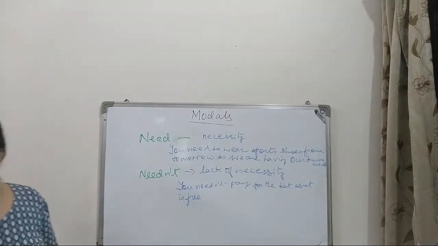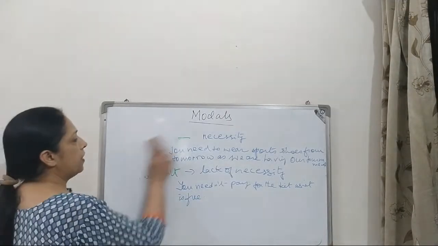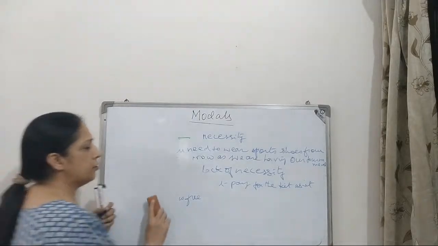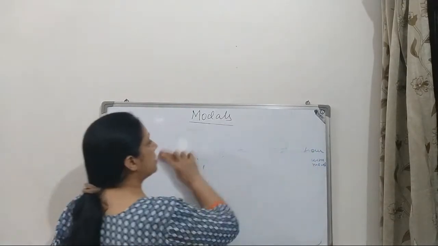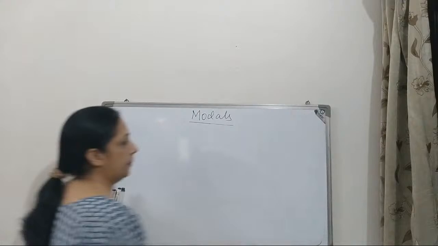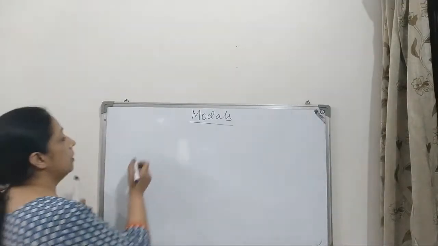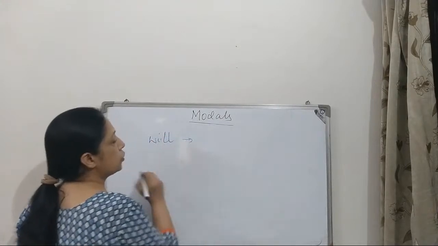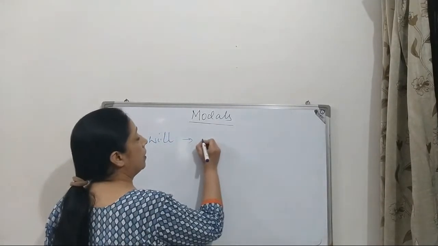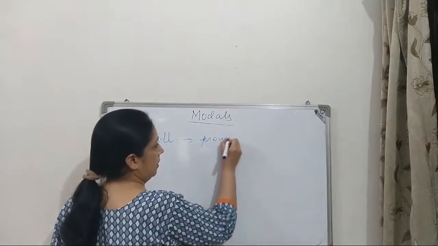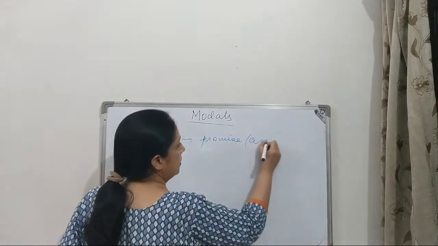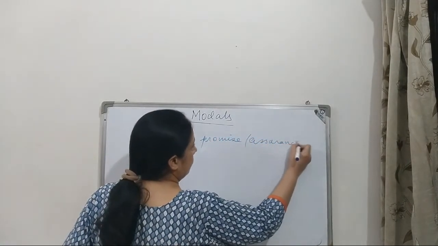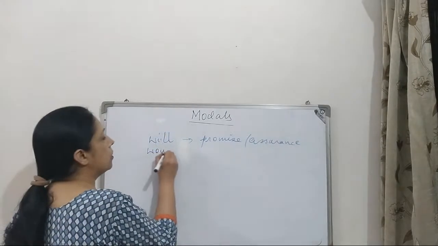Alright, next is will. Will or shall we hardly use. So let us do, what is will? Will is used for promise or assurance. And in the same way, would is also used.